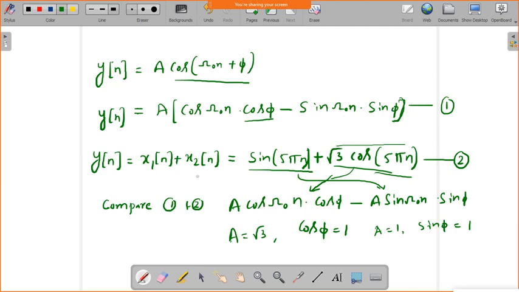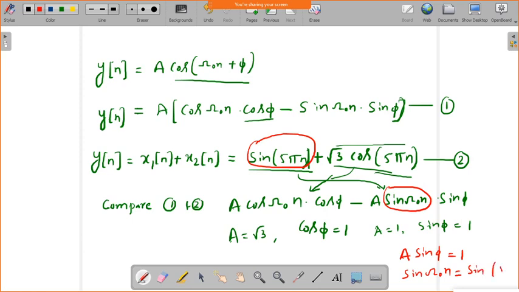Now you just leave whatever sin value is there here, and whatever sin value is there here, compare, and combine the other term. So now what will become? A sin phi is equal to 1 and sin omega naught n is equal to sin of 5 pi n. Is it not?